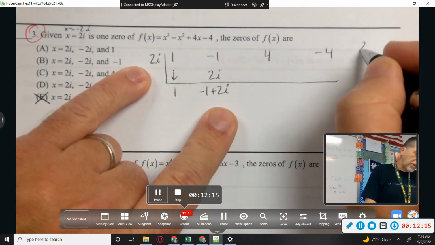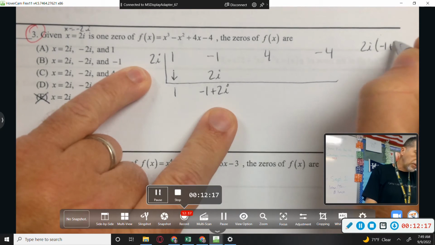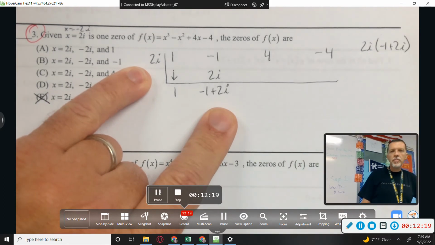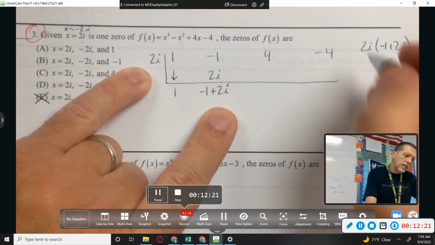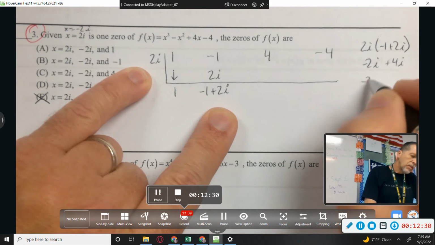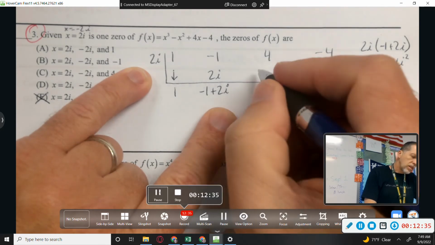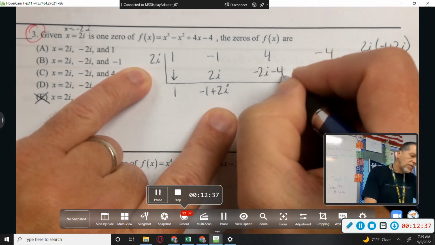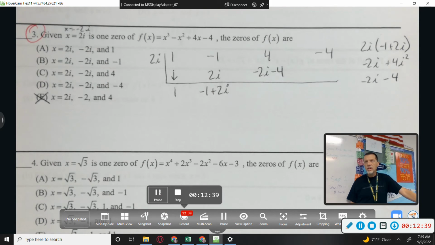All right, I'm going to come out to the side so I don't mess up this multiplying piece. So negative 2i, and then plus 4i squared. Plus 4i squared becomes minus 4. So negative 2i minus 4. Again, the procedure is the same as yesterday, but the trick is there's i's thrown in there.